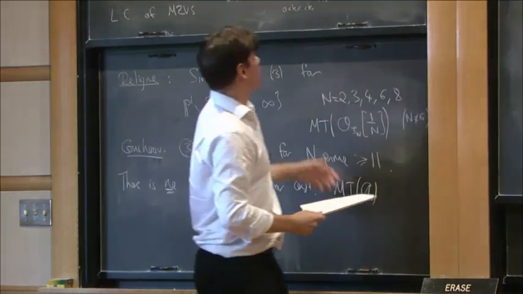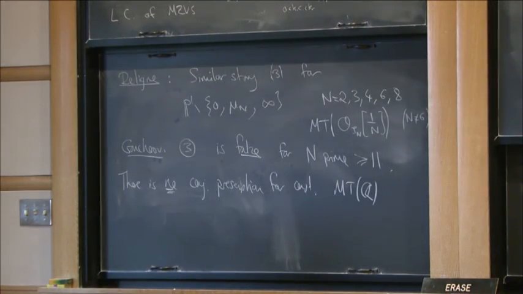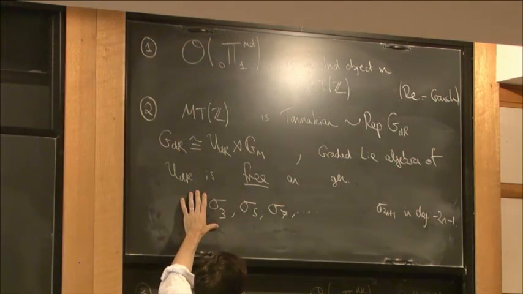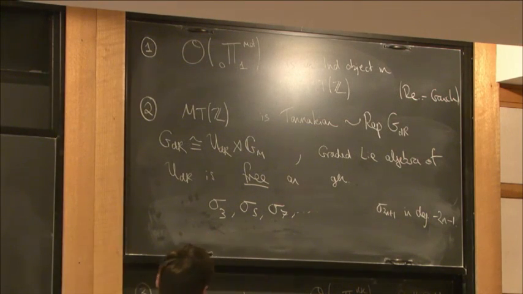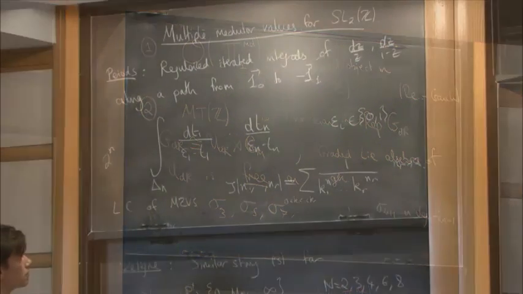Another criticism of P1 minus 3 points is that there's nothing about P1 minus 3 points that tells you that you should have this Lie algebra with one generator in every odd degree. This comes from a different part of mathematics. And that's very unsatisfactory. Another way to say it is that the natural thing of P1 minus 3 points are these numbers, and a priori there are 2 to the n of them in degree n.